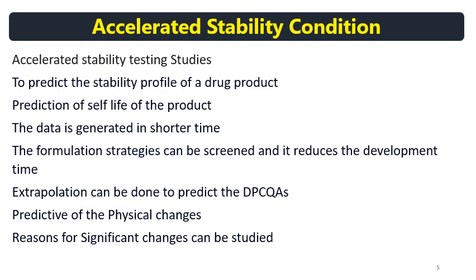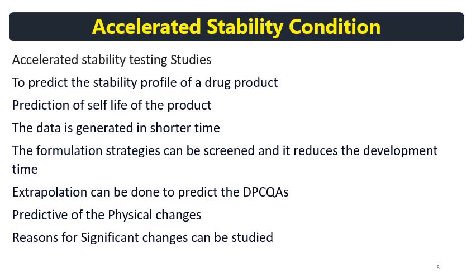Now come to the importance of accelerated stability condition. So these studies are done to predict the stability of the drug substance and drug product. So to predict the stability profile, the accelerated condition stability studies are performed.